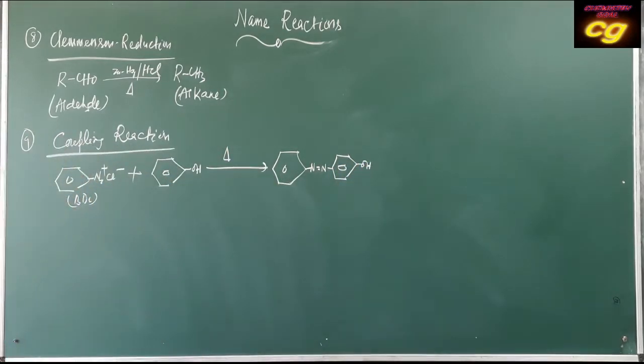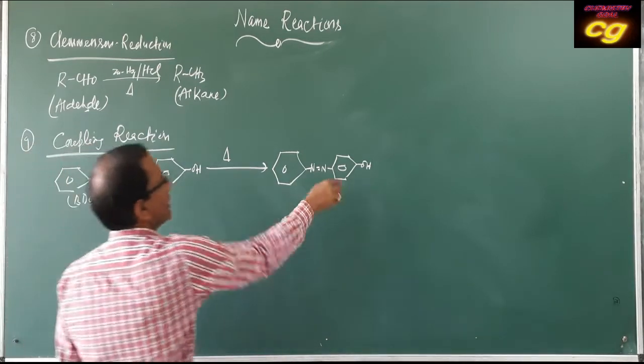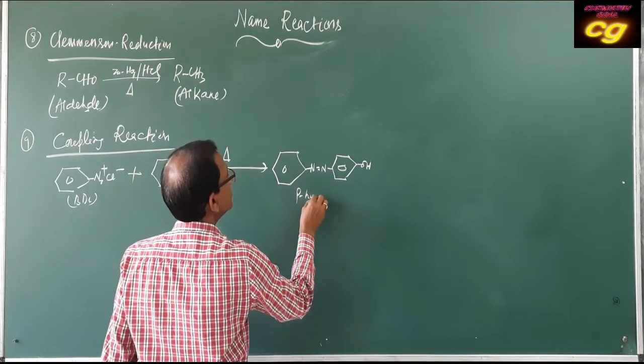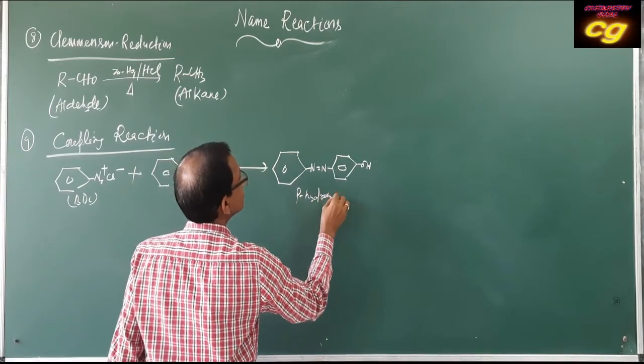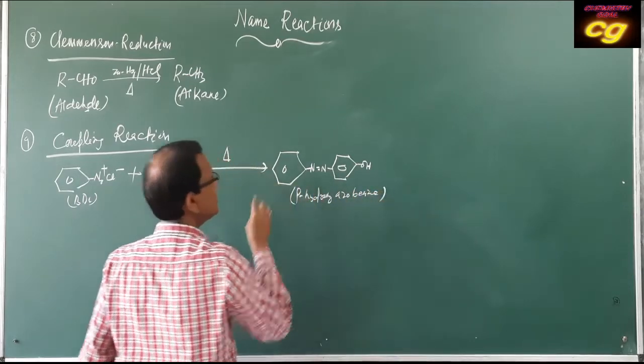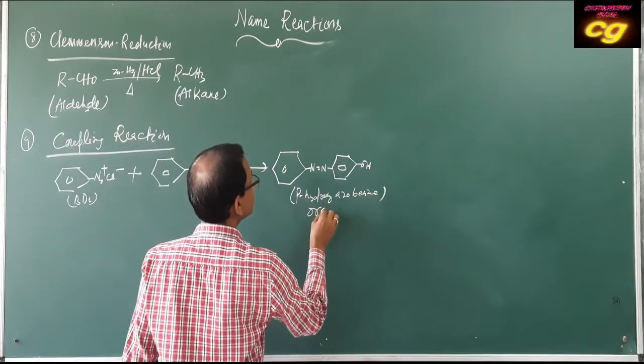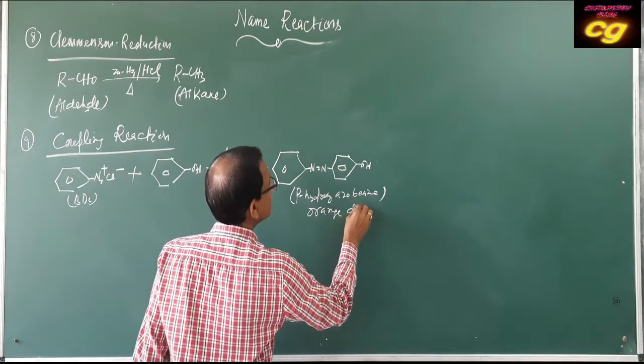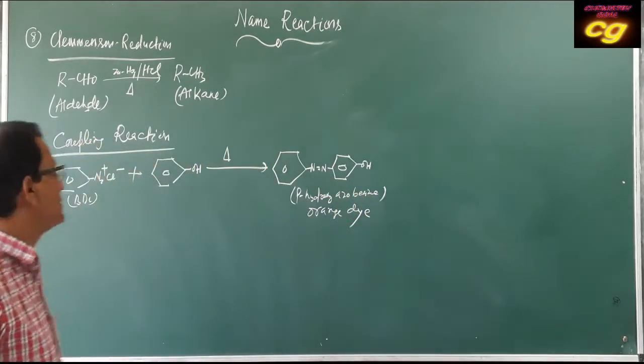This is called an azobenzene. What is para-hydroxy azobenzene? Para-hydroxy azobenzene, and this is an orange dye. Orange color dye is produced.